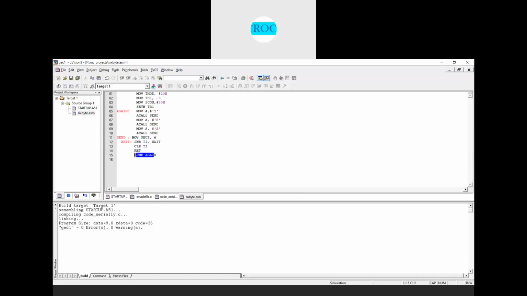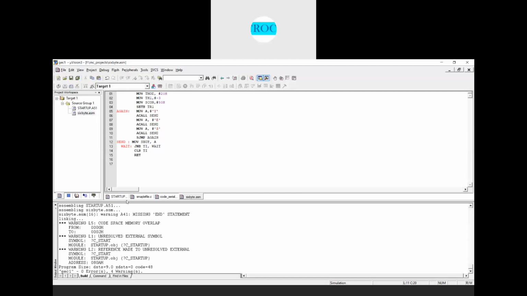Now this SJMP again needs to be included here, if I want the S to be displayed again. Now everything is done. Make sure that there are no errors here and the values are loaded correctly. Since the baud rate is 9600, -3 is loaded into TH1, and timer 1 mode 2, 50H, is loaded.